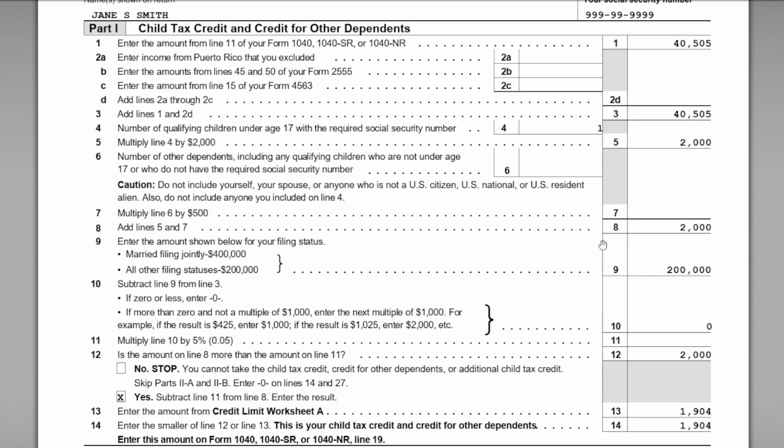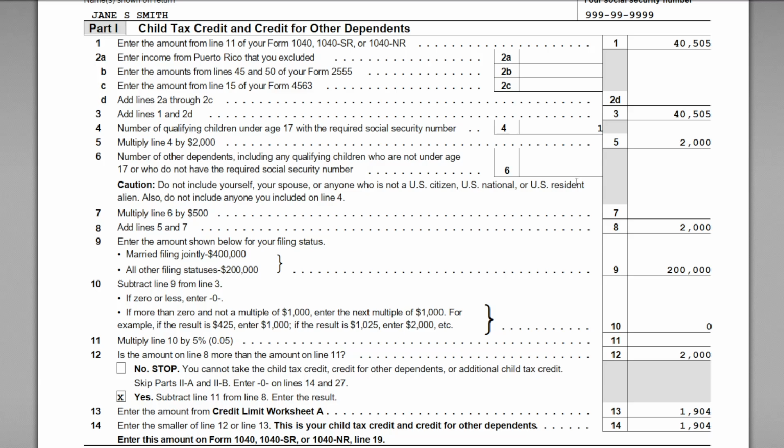Now, if you have other dependents that are over the age of 16, so 17 or older, and they're still your dependents, you might get the other dependent credit, which is the reduced $500 amount. That information would be reported on lines 6 and 7. But in our case, Jane just has the one son, so we're claiming the child tax credit, and those ODC amounts are left blank.